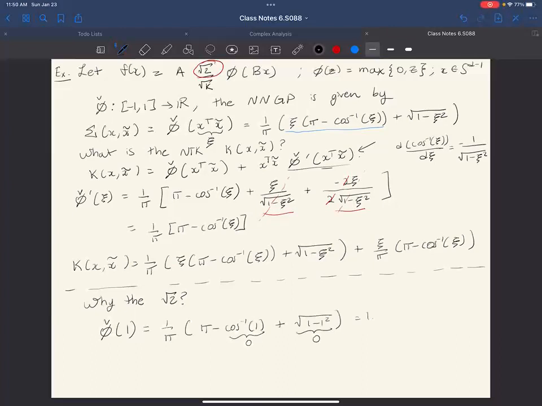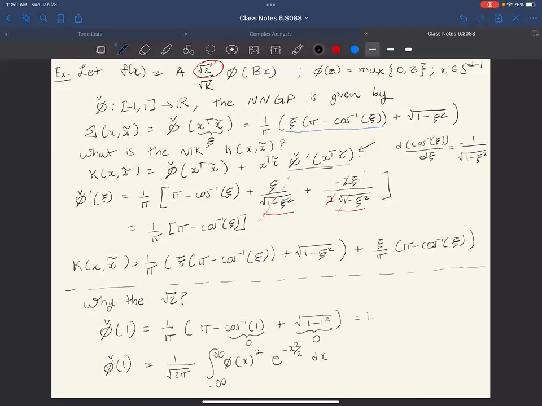Remember that the dual is actually this double integral over some expectation. But when you have the value 1 put into this, it just becomes, so phi hat at 1, remember, is just 1 over root 2 pi times the integral of phi at x squared e to the negative x squared over 2 dx.